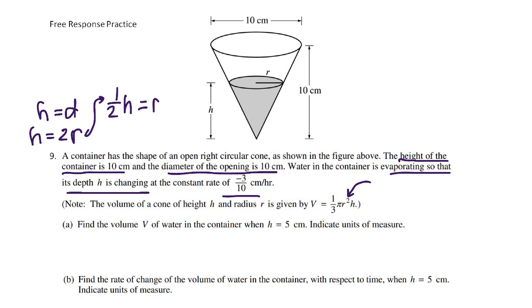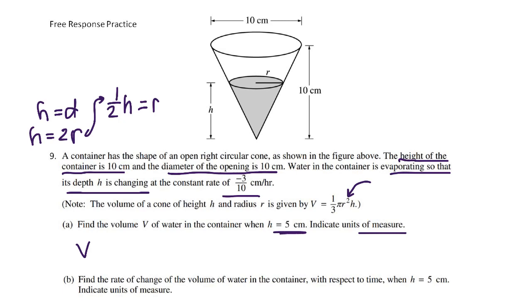So for part A, you just need to find the volume of the water in the container. Let's see, find the volume when the height is 5 centimeters, and we need to indicate our unit of measure, which is always important for us to do. So we have our volume formula. So let's go ahead and plug in and see what all we know.